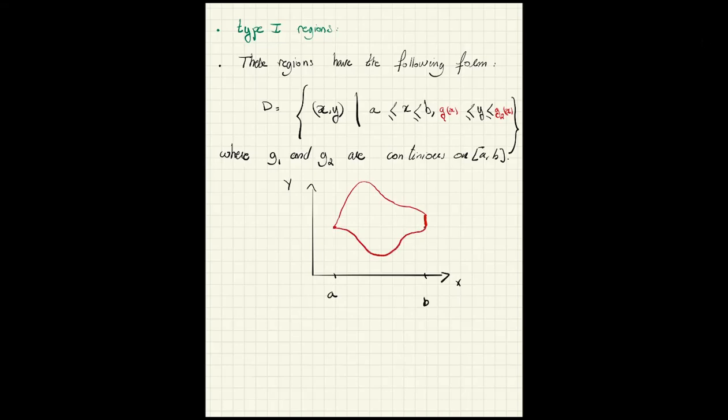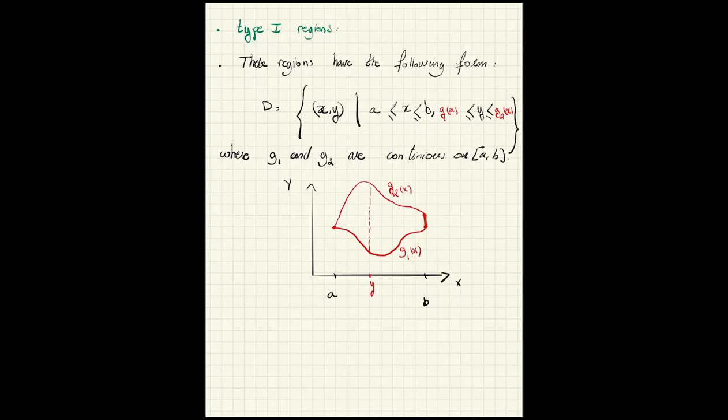That's a function g2, and this is a function g1, and x is between a and b, and if you fix some x here, y varies from g1 to g2. That's an example of a region D.